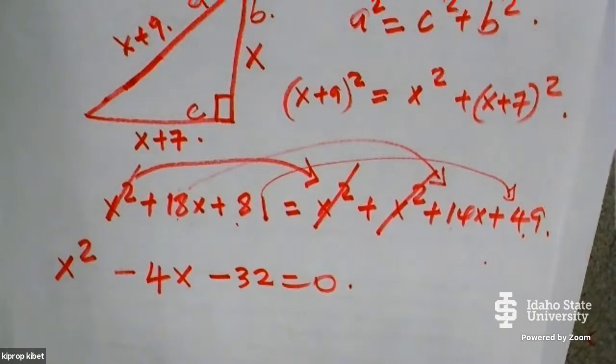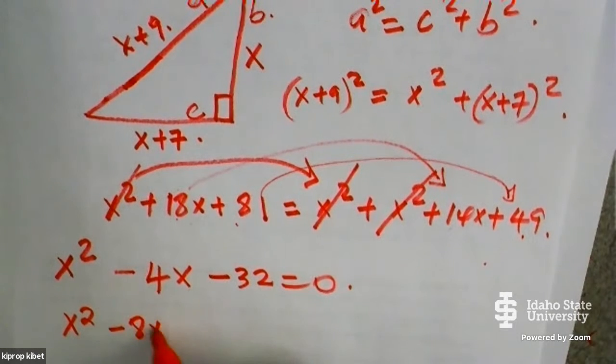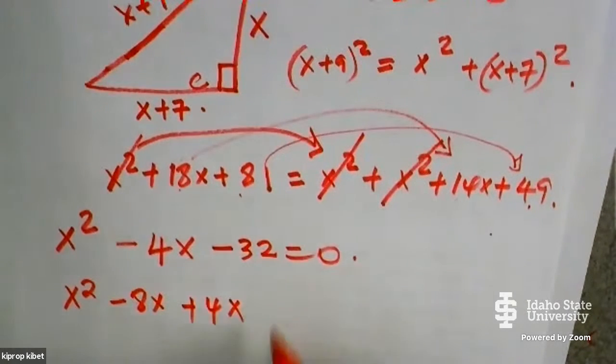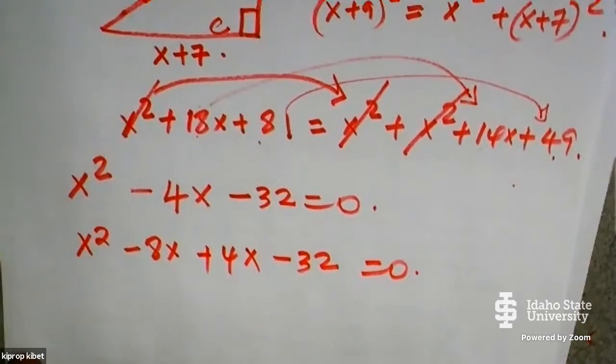So now we need to get the value of x. The product is minus 32 and the sum is minus 4. What are the two numbers? Negative 8 and 4. So x squared minus 8x plus 4x minus 32 equals 0.